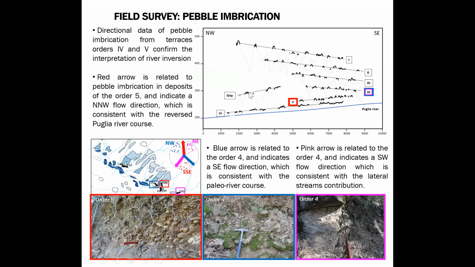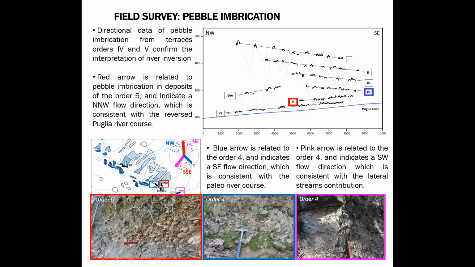Field survey also confirms our interpretation. In particular, directional data of pebble imbrication from terraces of orders 4 and 5 confirmed the river inversion. Looking at the stereoplot, the red arrow is related to pebble imbrication in deposits of order 5 and indicates a north-northwest flow direction, which is consistent with the reversed Puglia River course that flows toward the northwest.